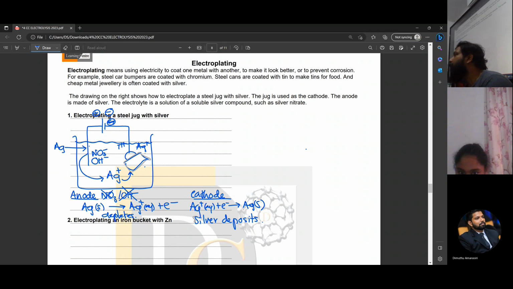The metal that you want to electroplate on another article goes on the anode. Cathode is where the deposit happens, so your article should be the cathode.